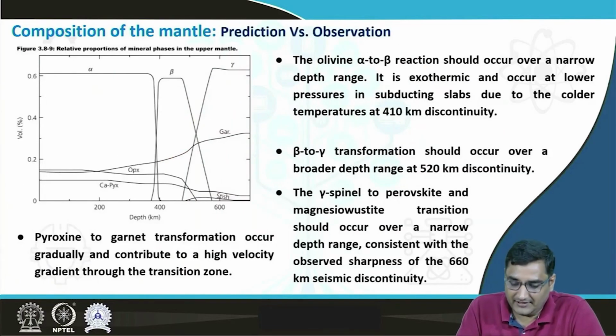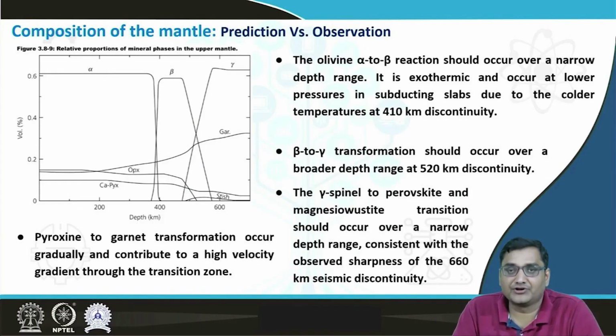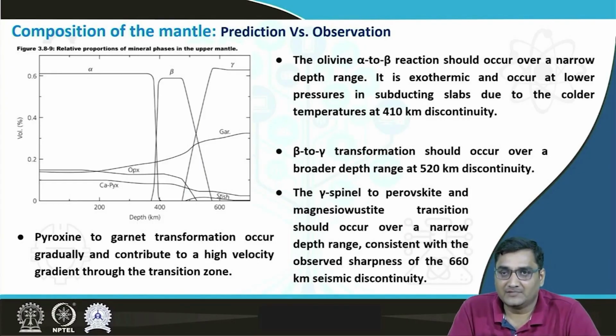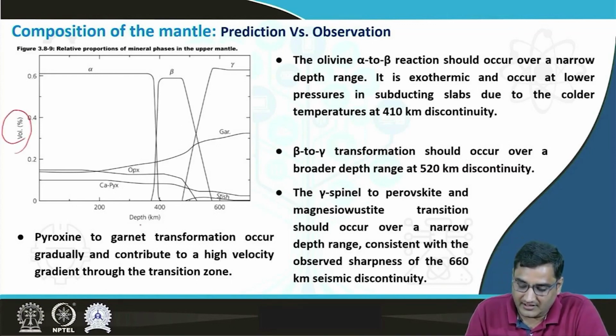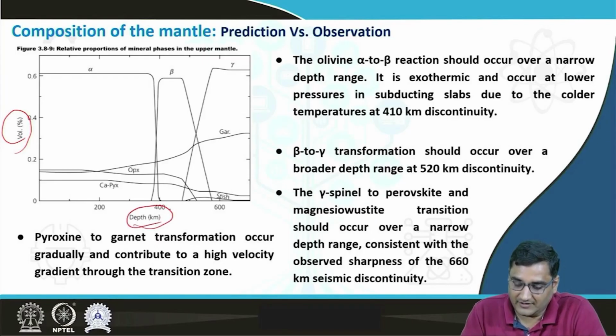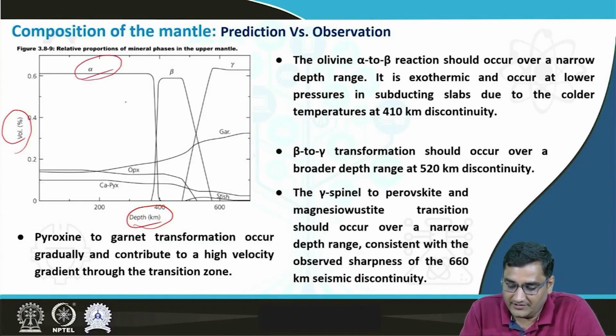Here in this particular figure, the relative proportion of the mineral phases in the upper mantle are shown. So if you look, this is the volume fraction and this is the depth of the upper mantle. Between around 0 to the 410 kilometer discontinuity, there is the alpha phase of olivine, which basically changes to the beta phase over a very narrow range of depths.